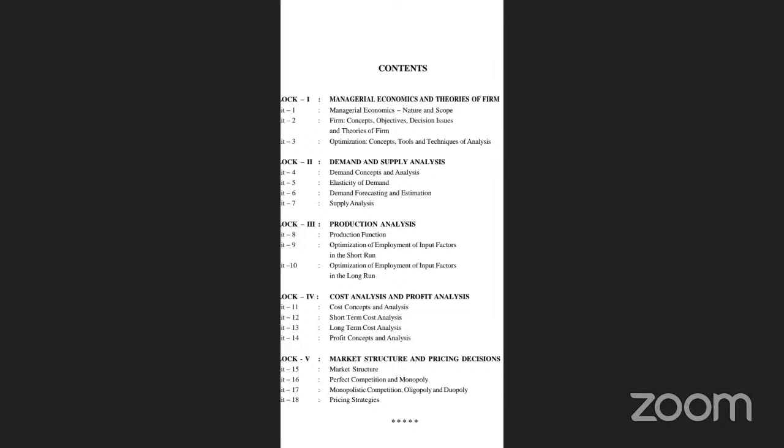So how do you manage them and derive optimal benefit out of it is what a managerial economist is supposed to do. Okay. So here we go with the third unit, which will elaborate on the various techniques and tools adopted by economists in order to optimally use the available, scarce resources, etc.